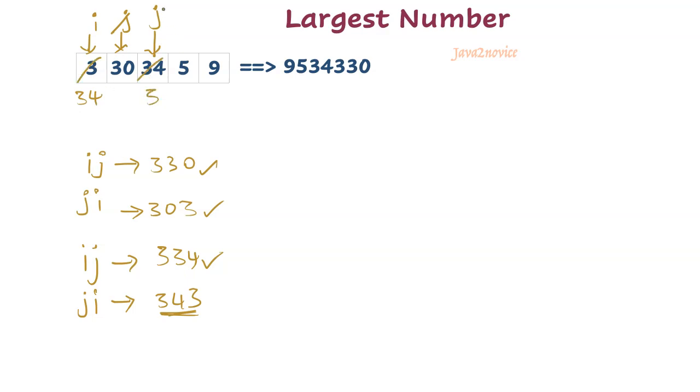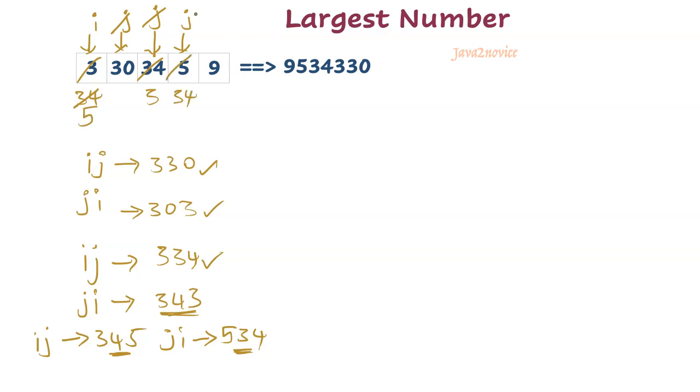In the next iteration, j will be here. ij will form 345. ji is going to form 534. Since 534 is bigger than 345, we will swap both i and j. 34 will be here, 5 will be here.